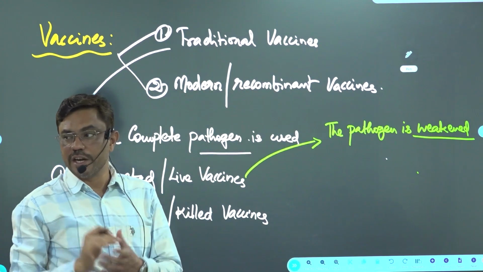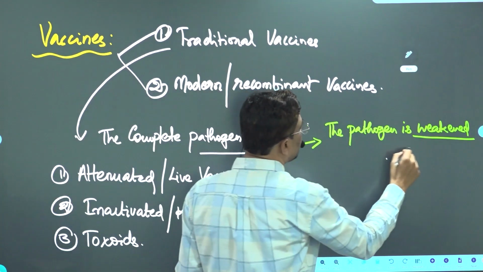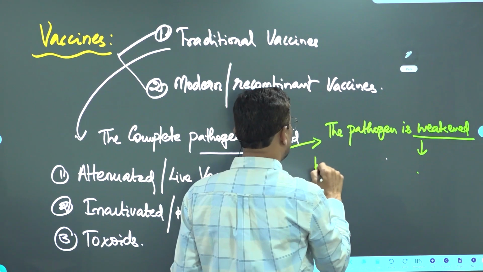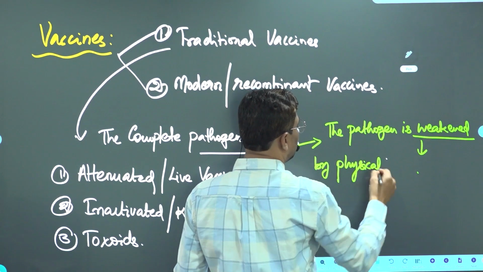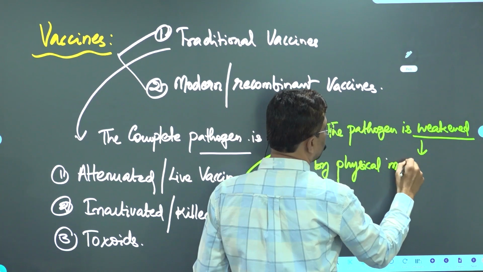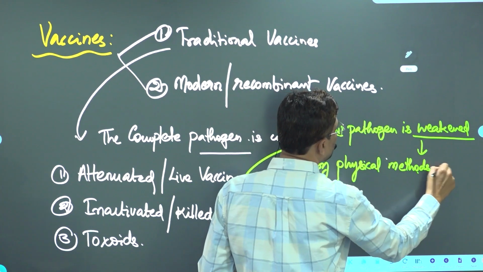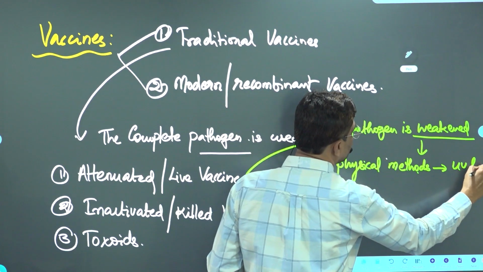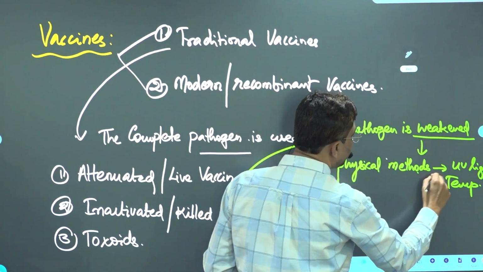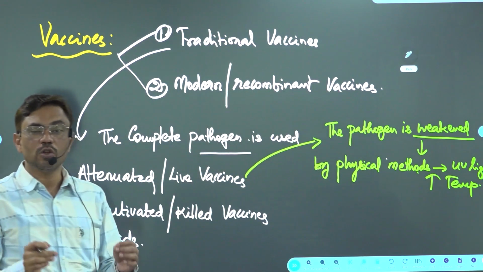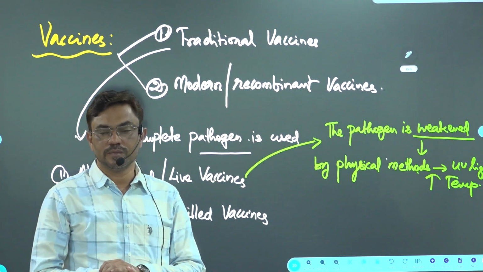The pathogen is weakened by physical methods. That means when it is exposed to UV light or high temperature, then the pathogen may be weakened.